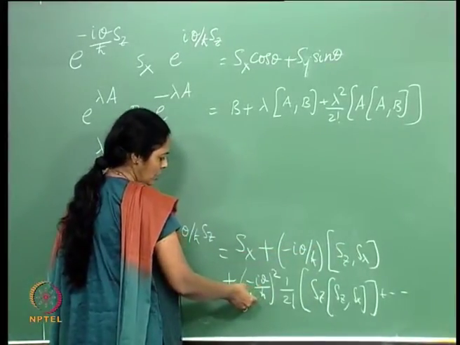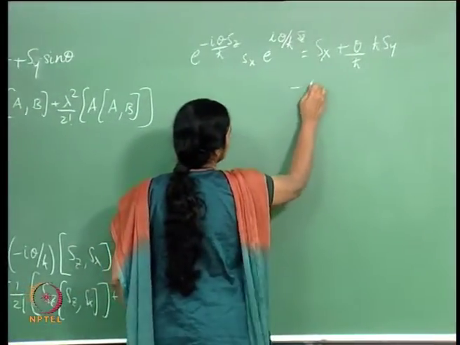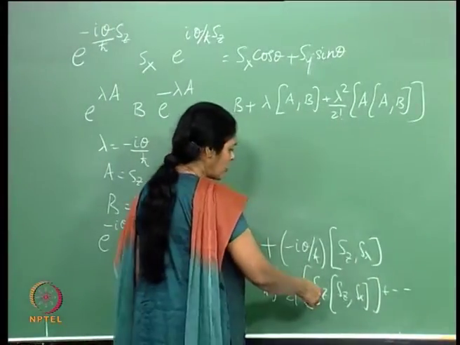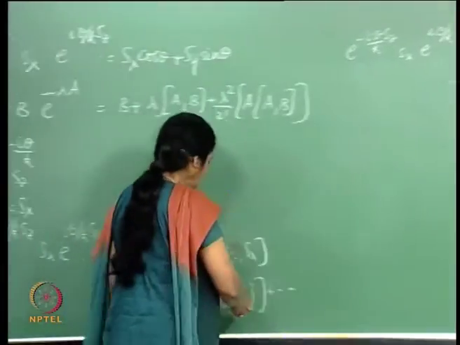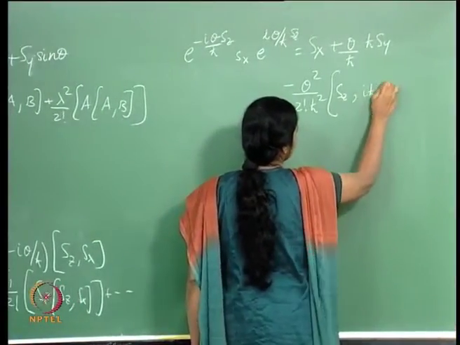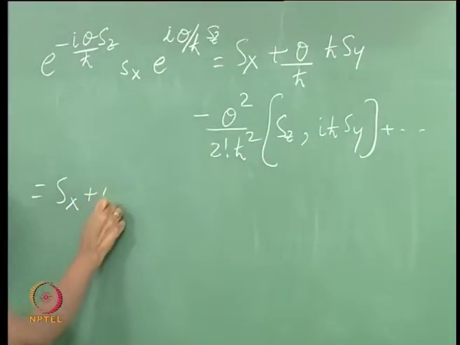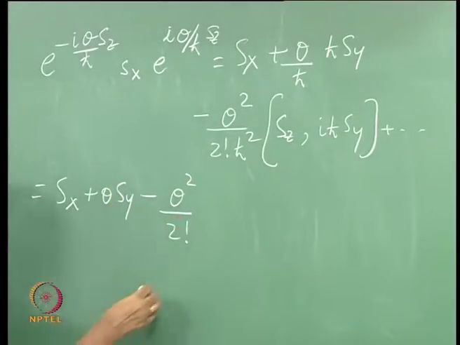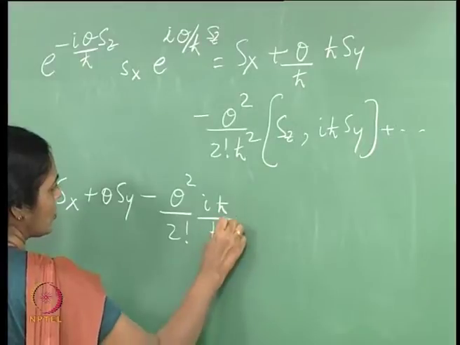Then I have the next term, which gives me a minus theta squared by h cross squared 2 factorial, the commutator of S z with the commutator of S z with S x, which is i h cross S y, plus so on, and this object is S x plus theta S y minus theta squared by 2 factorial, i h cross by h cross squared.